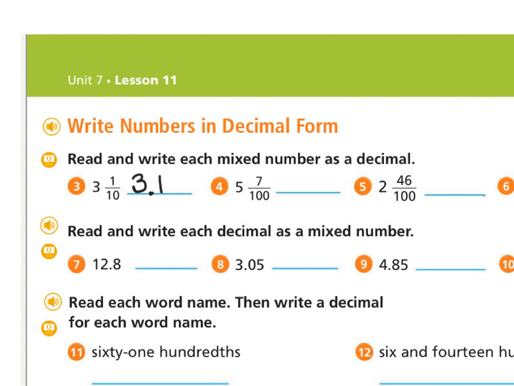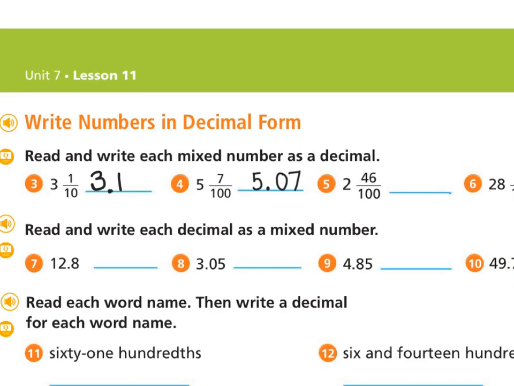I wrote 5 and 7/100. How did you write that? Did you put a 0 and then 7, or did you put a 7 and then a 0? I put a 0 and then a 7. Good. So she's making sure the 7 is in the 100th spot. Good job, Kalyan. 1, 2, 3.